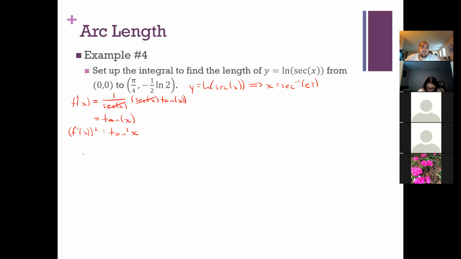And now we can start setting up the integral. So integrating from 0 to pi over 4 of 1 plus tangent squared x dx.